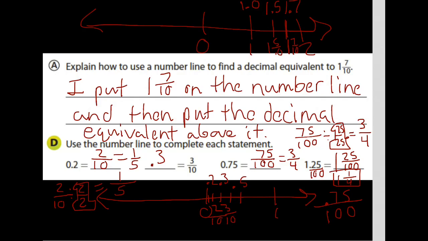I'm going to go ahead and box in all my answers so they're easier to see. And those are my answers.